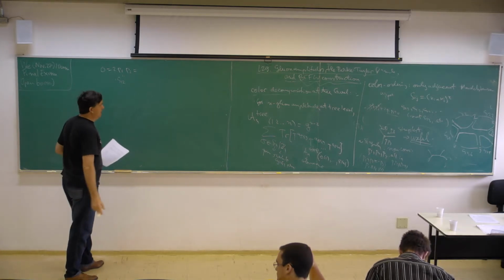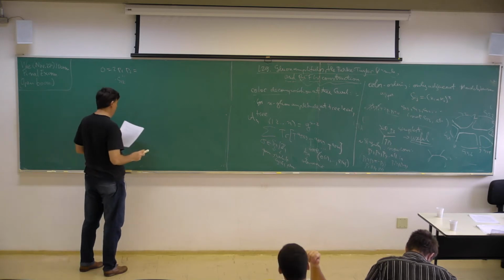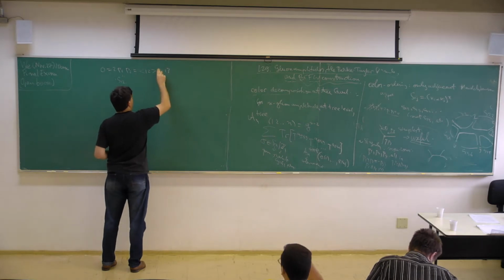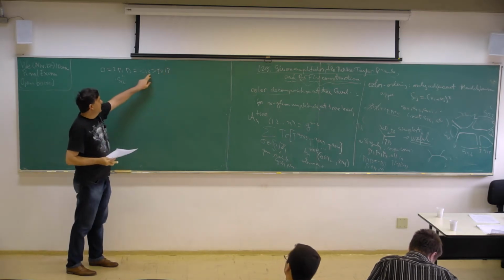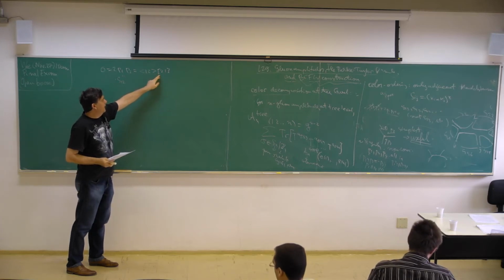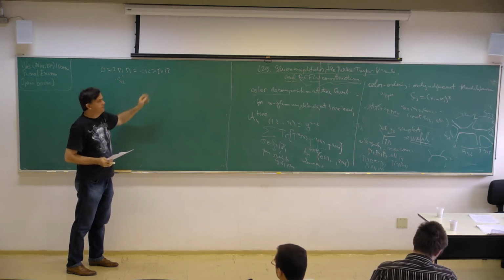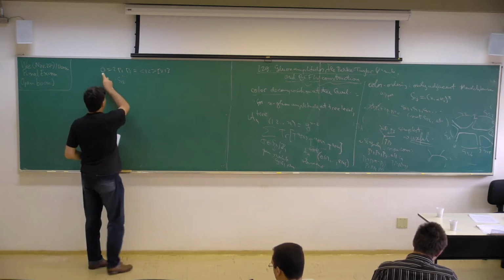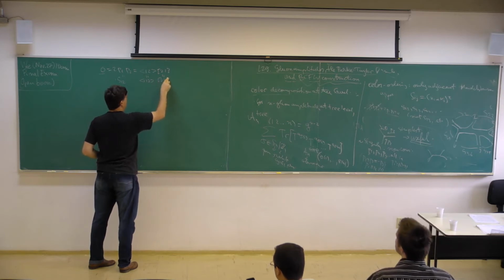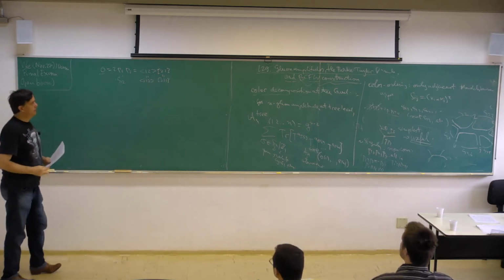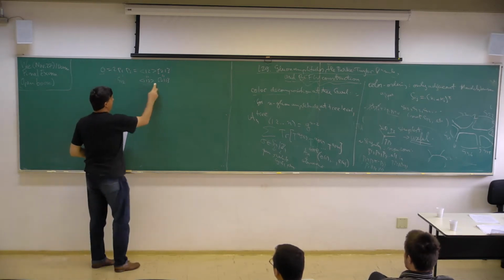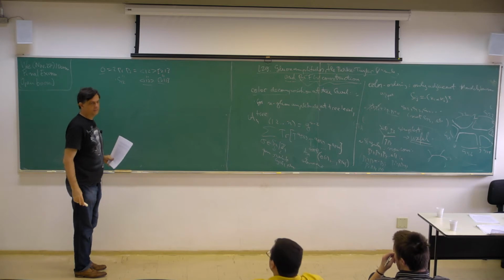And we've seen last time that in the spinor helicity formalism, S12 was equal to this product: the angle product 1, 2 times the bracket product 2, 1. So this product is 0, which means that either this or both are 0.